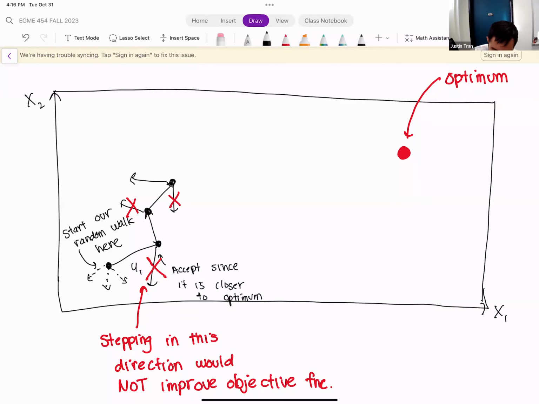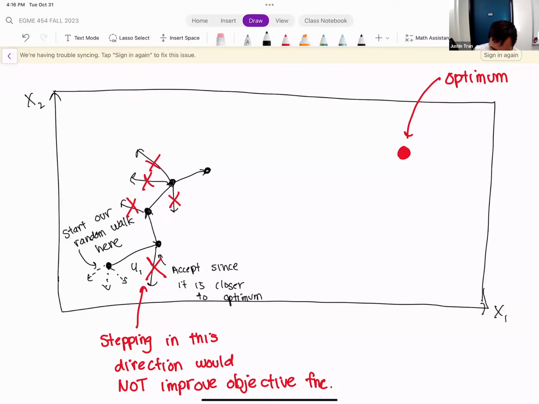Test another direction. That is also not an improvement, so let's reject that one. Maybe we test this direction here. Also not improvement, so let's go ahead and reject that. Sometimes you're going to go through many, many rejections per cycle, and that's totally fine. And sometimes it kind of takes a while for you to generate the right direction because it's all random, right? And so you don't really have a lot of control over it.